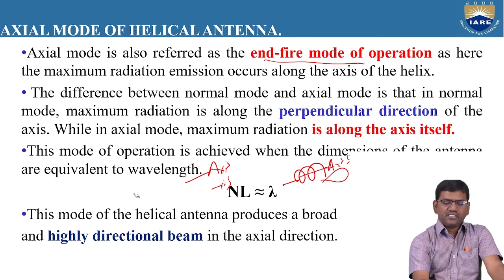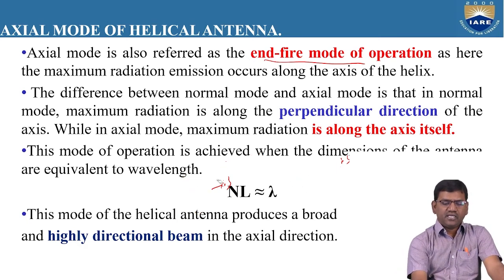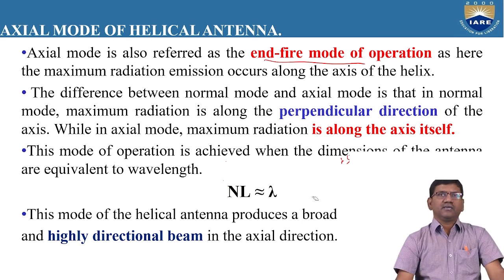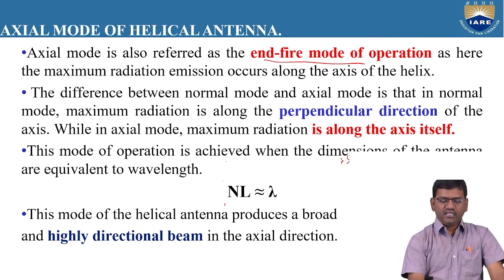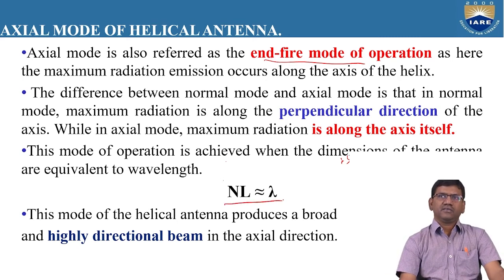This mode of operation is achieved when the dimensions of the antenna are equivalent to the wavelength. So an antenna is said to be in axial mode when NL is approximately equal to lambda. So when NL is approximately equal to lambda, then the helical antenna is said to be in axial mode.